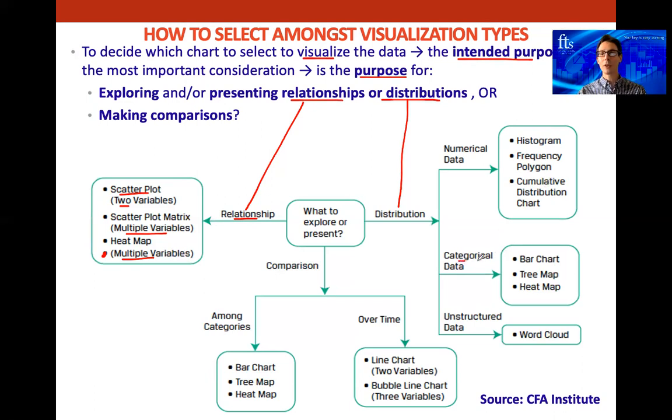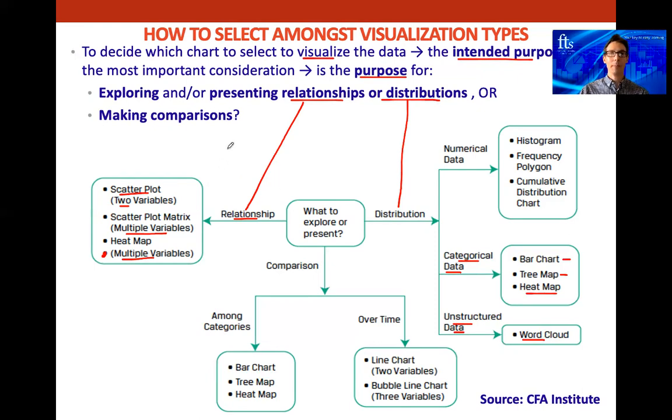But if we've got categorical data, like we had 200 shares, with some in the IT sector and some in the financial sector and other sectors, there we did the bar chart, and we also did the tree map, remember, with those rectangles. And we also just now looked at the heat map. But if we have unstructured data, like textual data, remember, we did the word cloud.